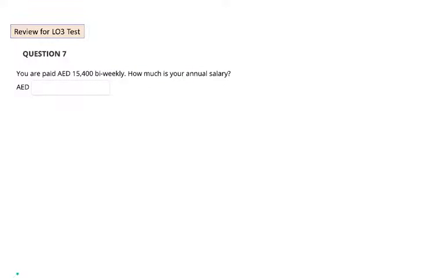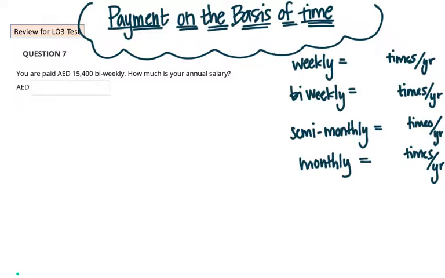Okay, this next question is about payment on the basis of time. Now, before we look at this question, I just want to review the vocab. Weekly, if you are paid weekly, you are paid 52 times per year because there's 52 weeks in a year. If you are paid bi-weekly, that means once every 2 weeks, we can take the weekly number and divide it by 2, and that means you're paid 26 times per year. Now, don't be confused.